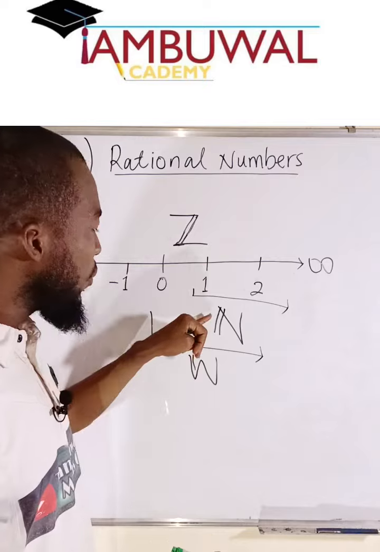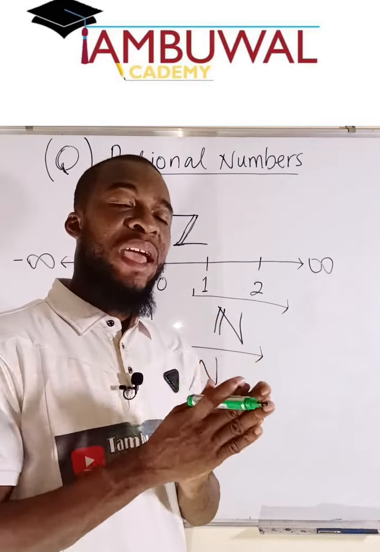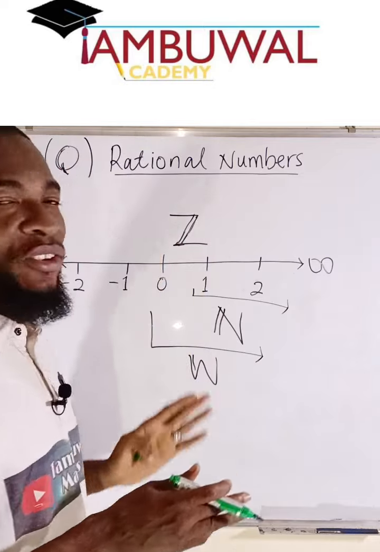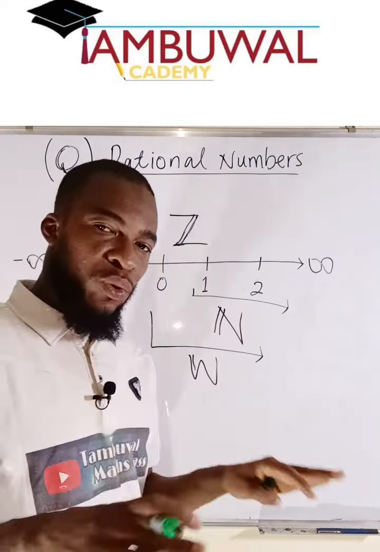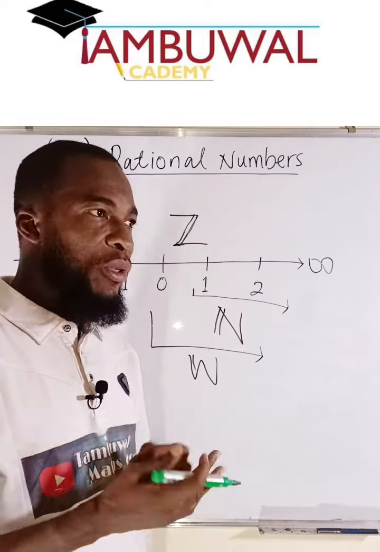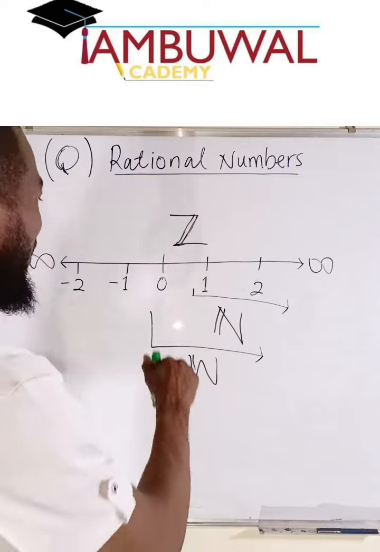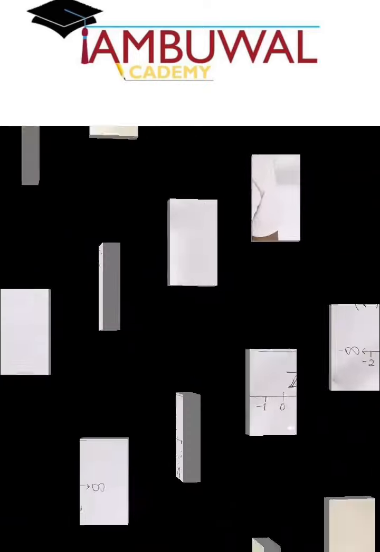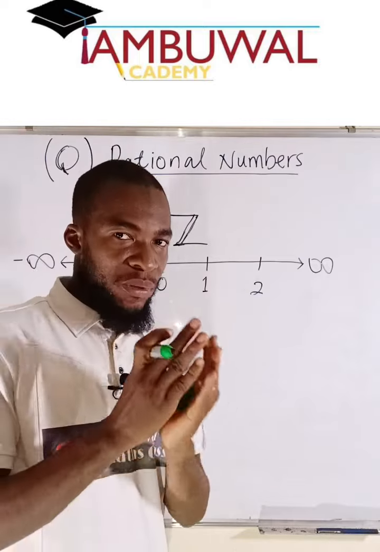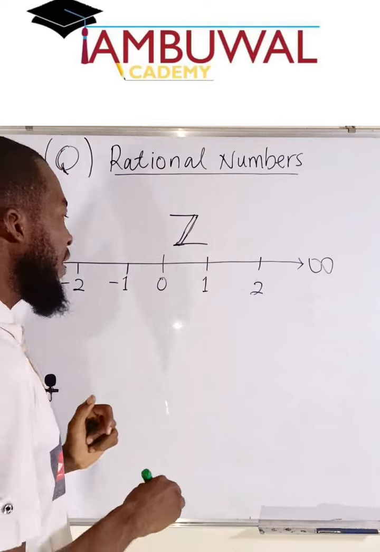So we have no problem with natural numbers and whole numbers, because any one of them can be expressed as a rational number, right? But I told you we don't want any situation that can make the denominator equal to 0. But this is not where the problem lies. The problem lies in between these integers. In between these integers, we have some decimal numbers and we have also some fractions, right?